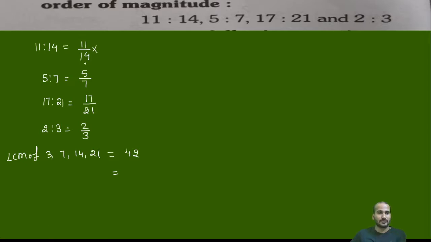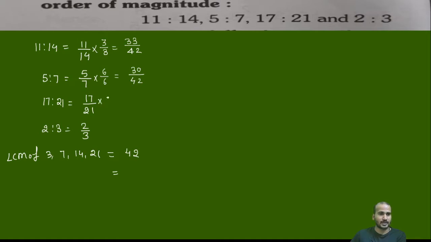So this is 11 upon 14 into, which number do you have to multiply to make it 42? If I multiply by 3, you will get 33 upon 42. Here if I multiply by 6, you will get 30 upon 42.